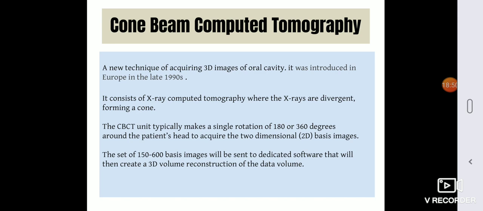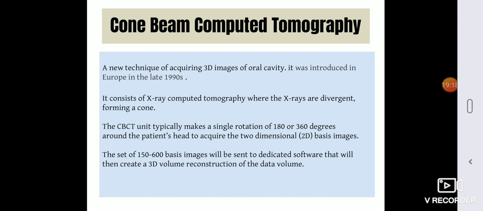There are two phases in the CBCT imaging: the acquisition phase and the reconstruction phase. During the acquisition phase, the patient is positioned into the machine with the head stabilized to avoid movement during the data filming. The beam and the receptor rotate simultaneously around the patient's head during the acquisition phase.